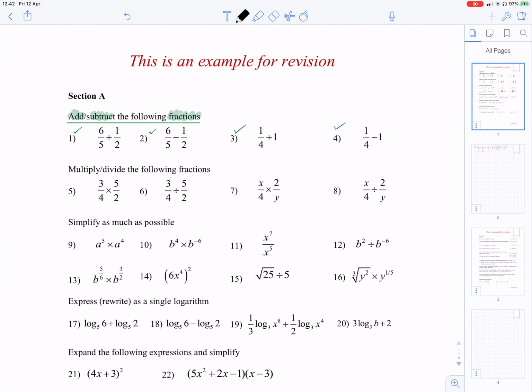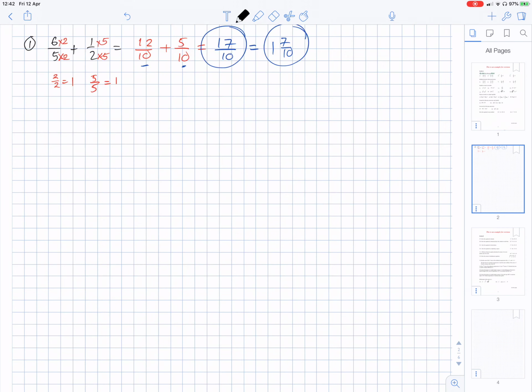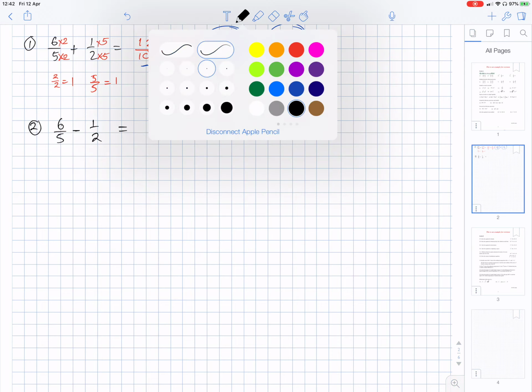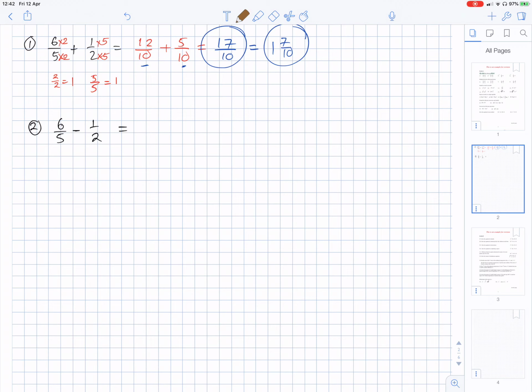So number two, 6/5 minus 1/2. So number two is 6/5 minus half. So this time it's a minus, but the same rules apply. We have to make the denominators the same. So I'm going to multiply by 2, multiply by 2, multiply by 5, multiply by 5.